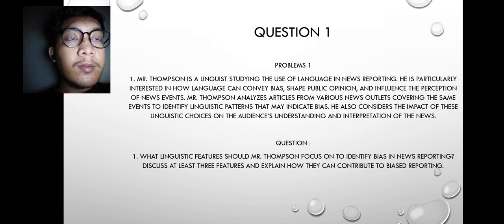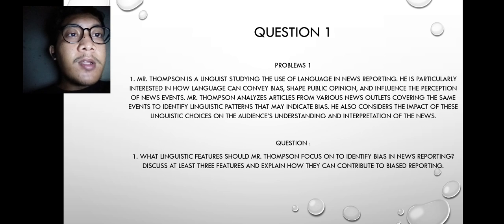Question 1, Problem 1. Mr. Thompson is a linguist studying the use of language in news reporting. He is particularly interested in how language can convey bias, shape public opinion, and influence the perception of news events.